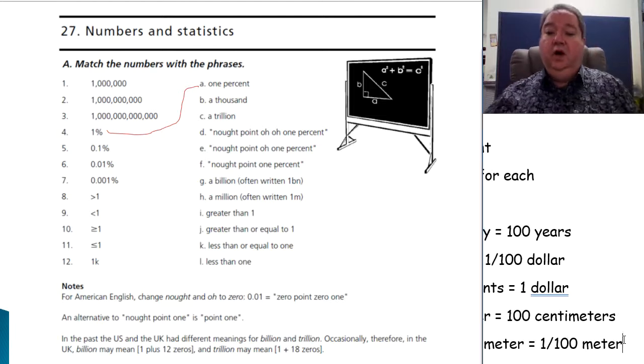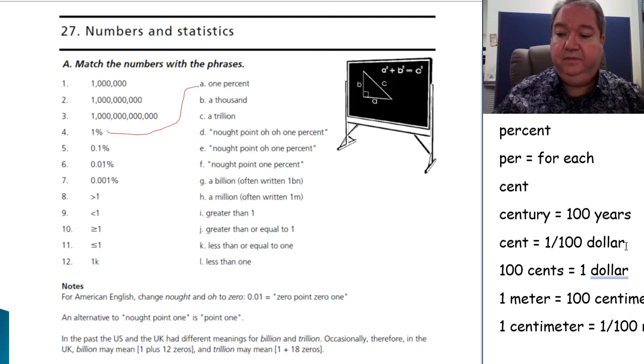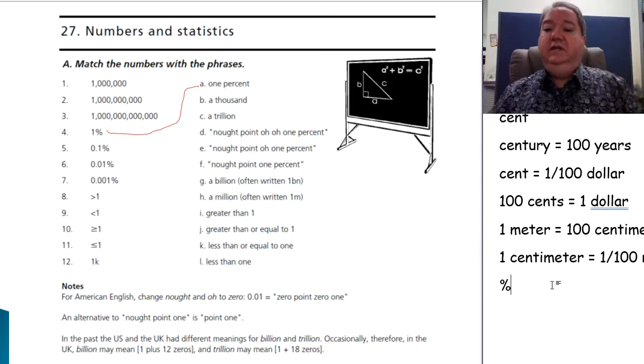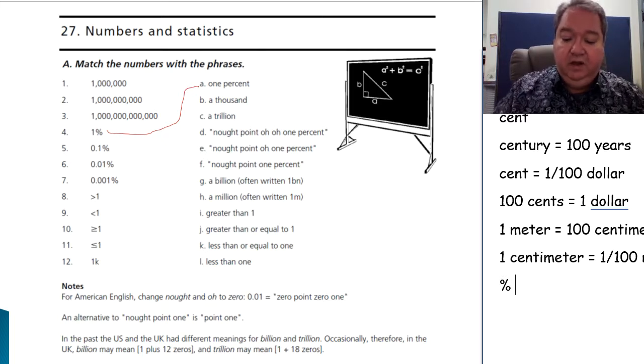So 1% means 1/100th. And notice the percent symbol itself. The percent symbol, there's like 2 zeros in here with a line. So that's kind of like writing a fraction where you would have the slash over 100.